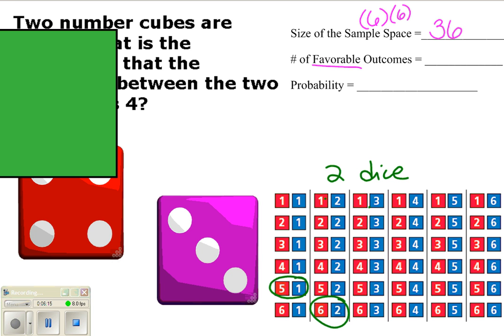Losing it here. 1 and 5, 2 and 6, and I know there's some more with a difference of 4. Maybe that is it, huh? So I have 4 possible favorable outcomes. The probability would be 4 compared to the total 36, reduce the fraction, and we'd have a 1/9 probability.